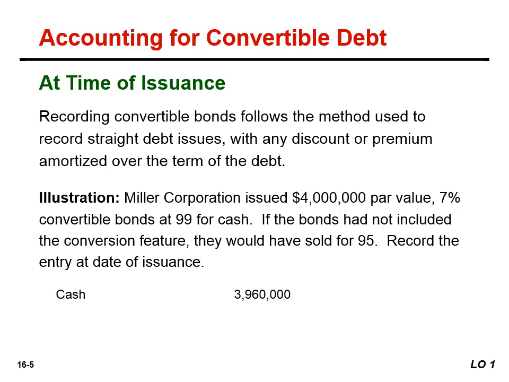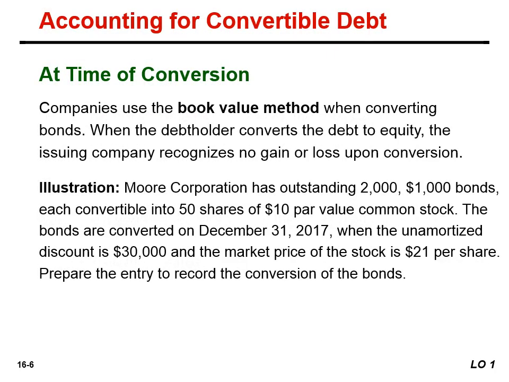You don't care what they would have sold for, because guess what? They didn't. You sold them at 99. Debit cash for 99% of $4 million. Credit your bonds payable for $4 million, and the difference is a debit required, a discount on bonds payable, remember, the contra liability.